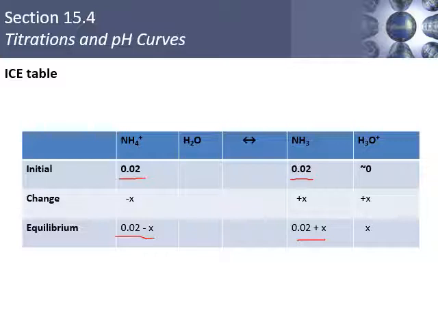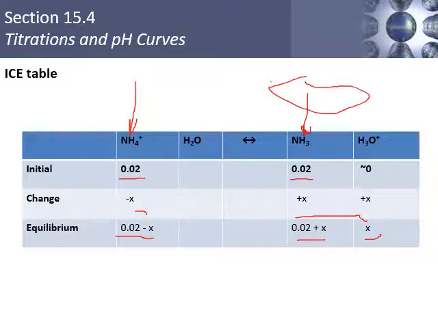So we have 0.02 times x divided by 0.02, which you can see is 1, so we just wind up with x equals Ka, whatever the Ka is for that. Again, be careful, it's not the Kb, it's the Ka. So it's not 1.8 times 10 to the minus fifth like it would be if you were using the Kb for NH3. Next slide.